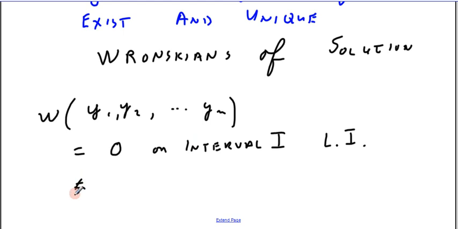If that Wronskian is equal to 0 on some interval I, then I'm not linearly independent, and my solution should be linearly independent is the bottom line of things.